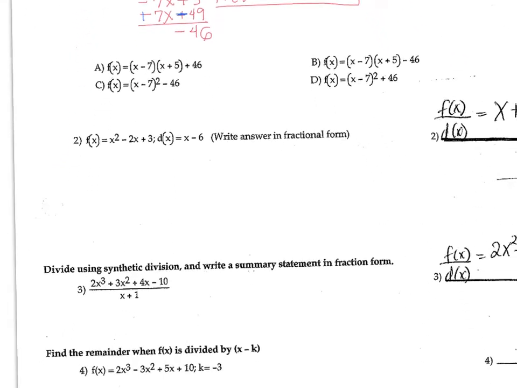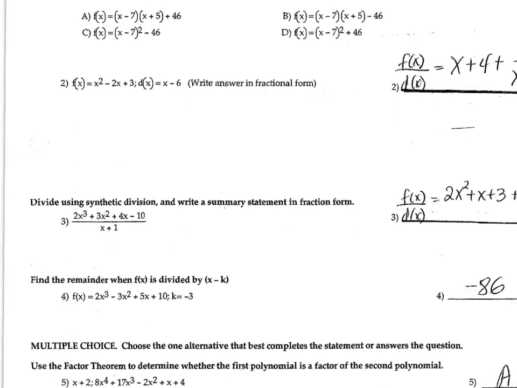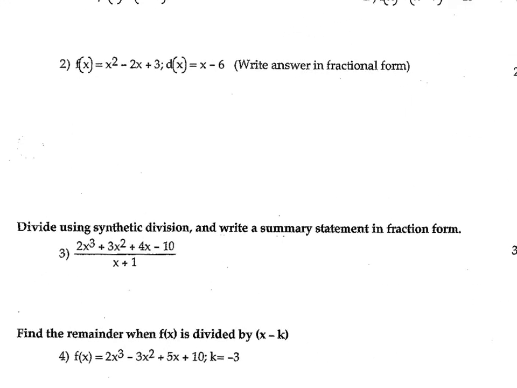Now problem number 2. It's again long division. So this is x squared minus 2x plus 3. Is that number 2 on this version or the other version? Okay, either way, it's the same concept.